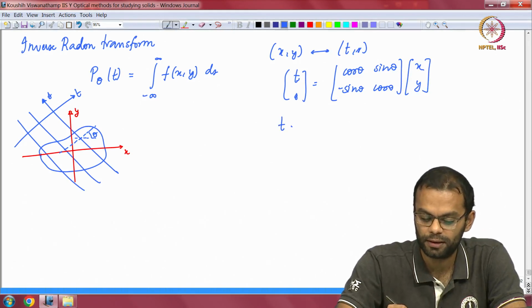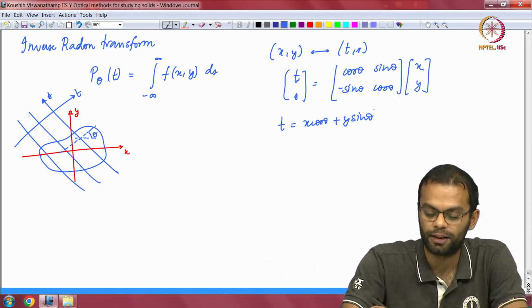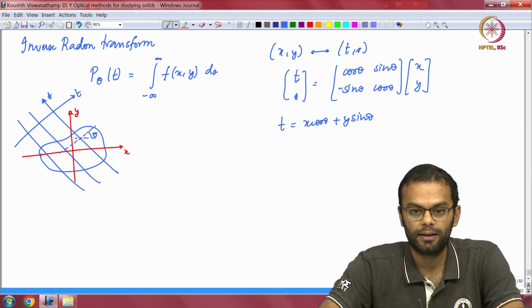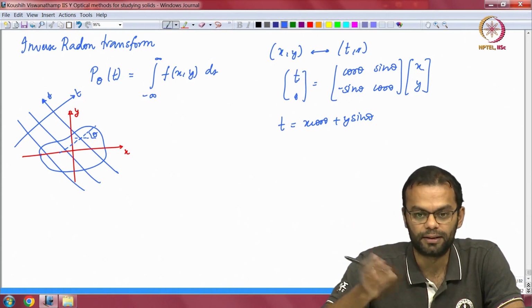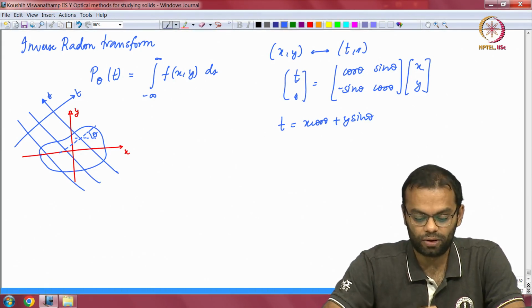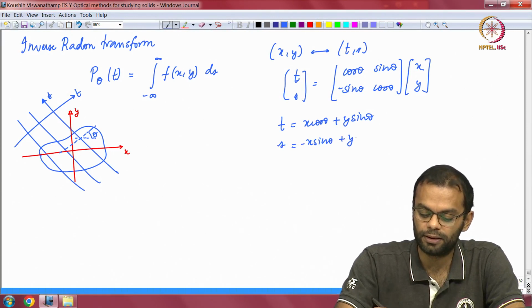So t was again x cos theta plus y sin theta. We know this because this was our equation of a single line depending on the distance from the origin, n bar dot r bar is equal to t, and so s of course is minus x sin theta plus y cos theta.